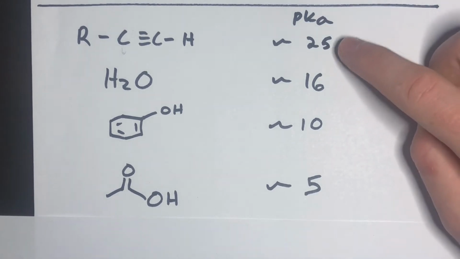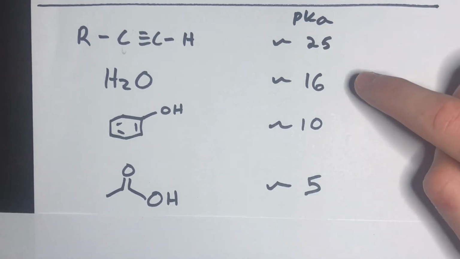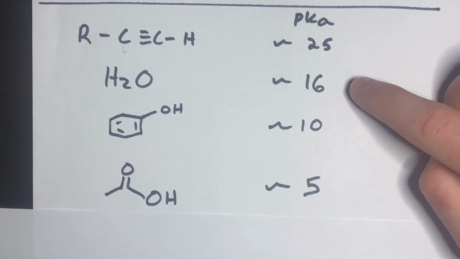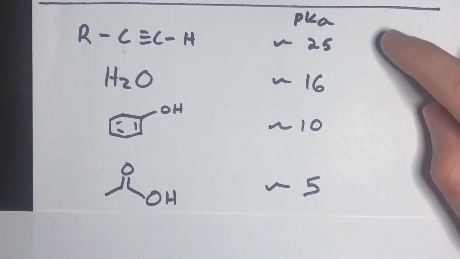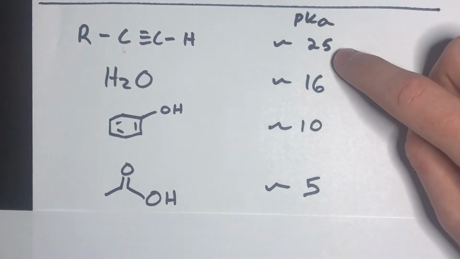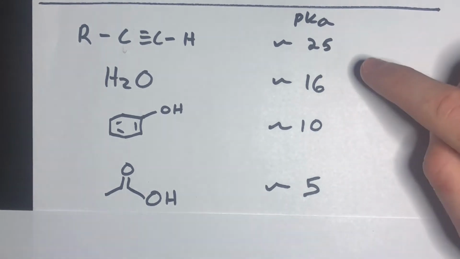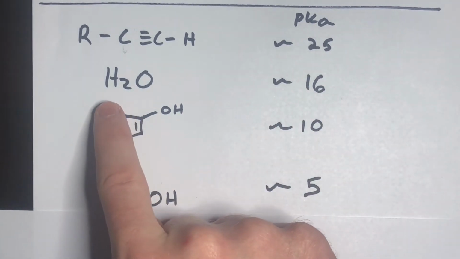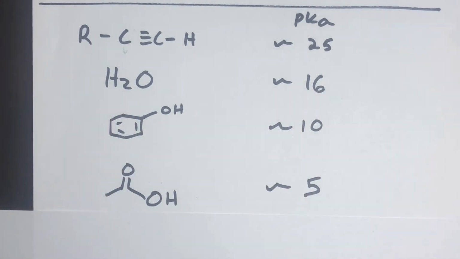That is not particularly acidic, especially when we compare it to the pKa of water, which is approximately 16. Remember, pKa is a log scale. So 25 to 16 is a difference of 9, but it's 10 to the 9. The protons on water are 10 to the 9, or a billion times, more acidic than the alkyne proton.